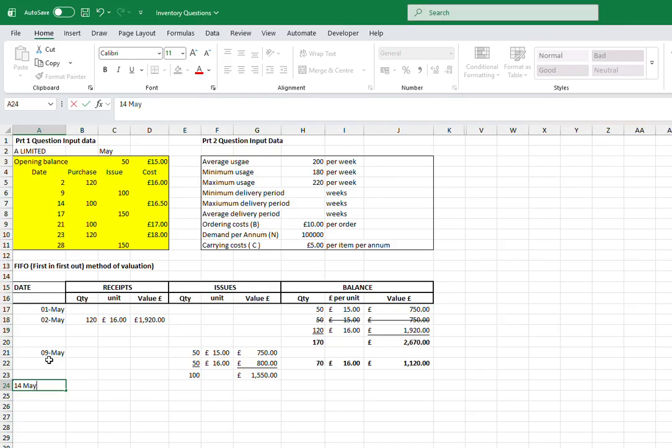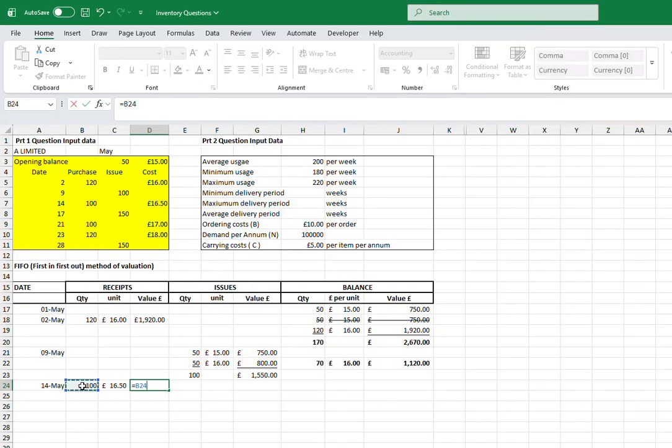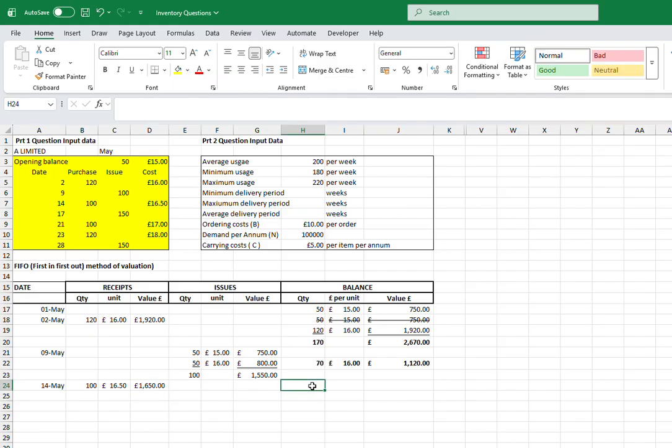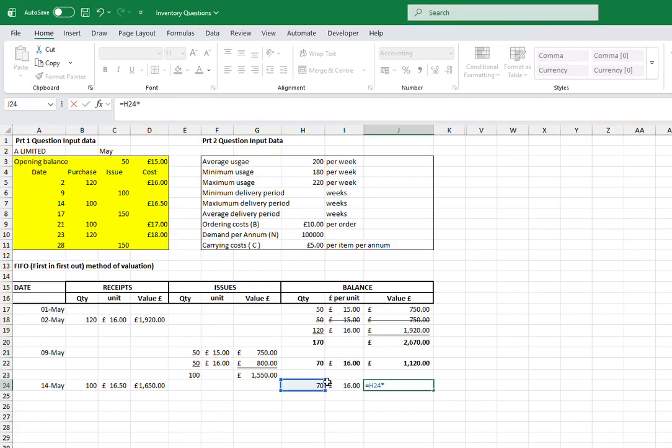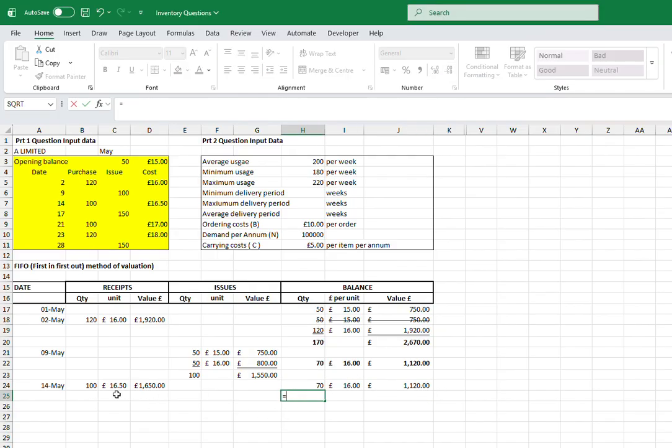On the 14th of May, we bought 100 for £16.50. So we multiply the two together. After this transaction, we've still got these 70, which were £16 each, but we've also got these extra 100.